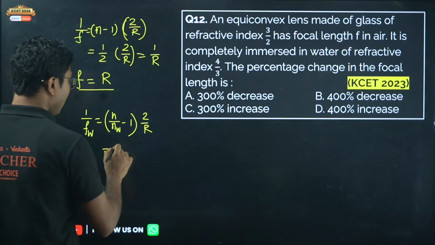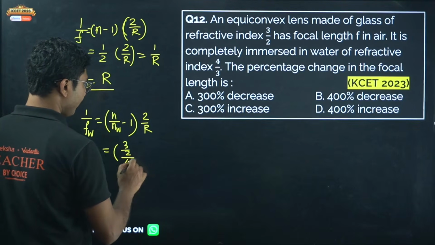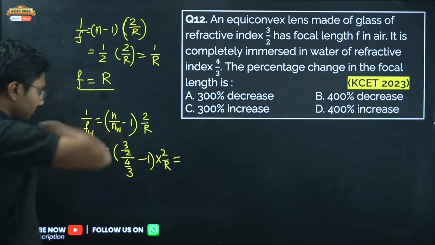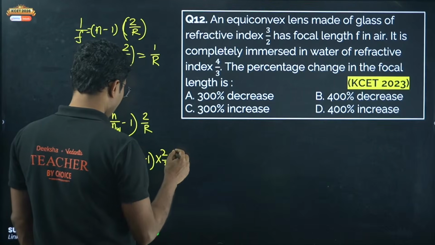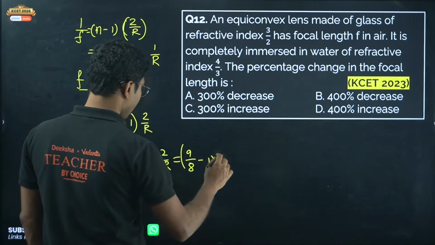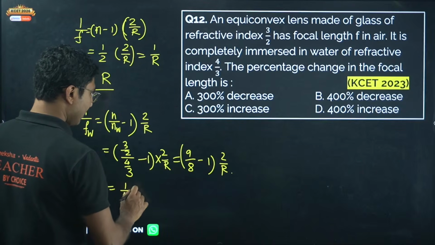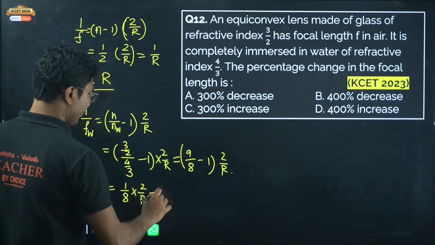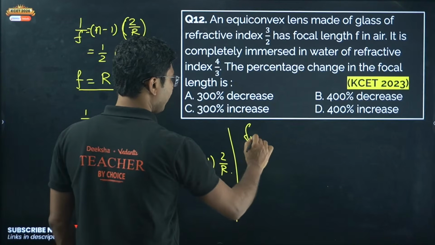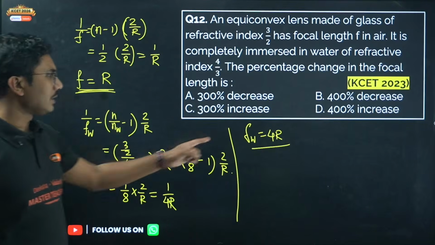So it will be (3/2 divided by 4/3, minus 1) into 2/r. Okay, so let's see, (9/8 minus 1) into 2/r, or 1/8 into 2/r, so it will be 1/(4r). So the focal length in water will be 4r. Initially the focal length was r, and the focal length in water is 4r.